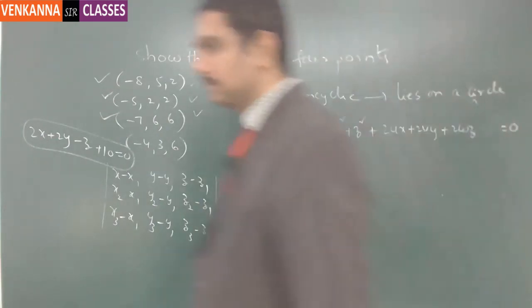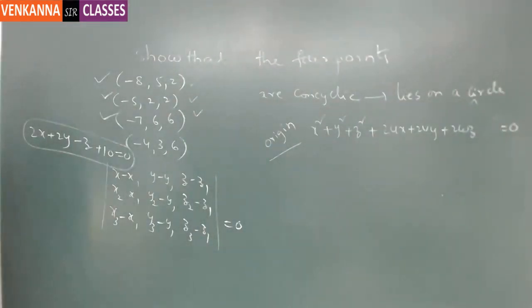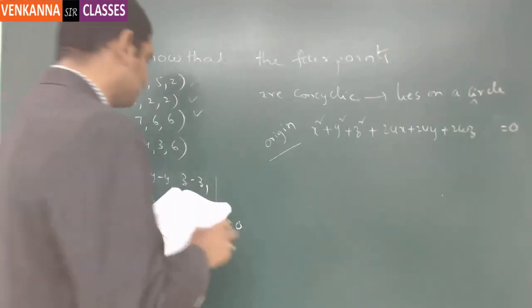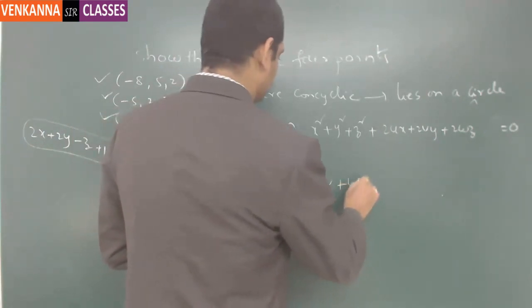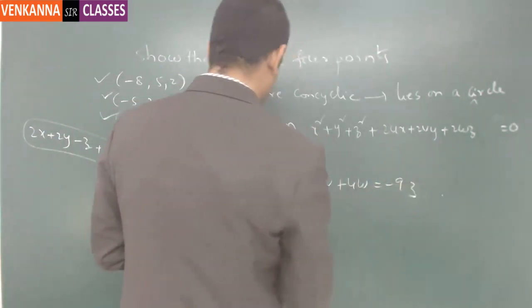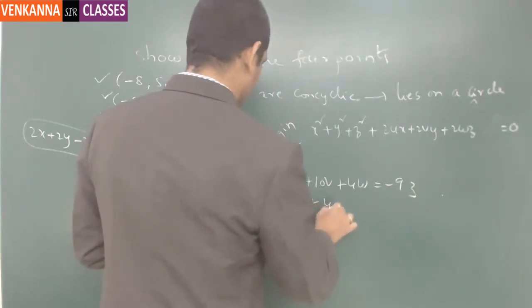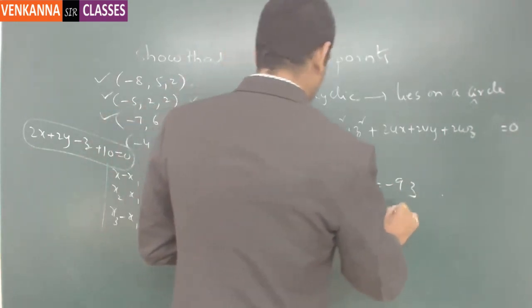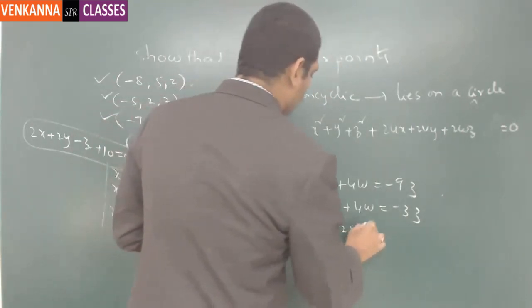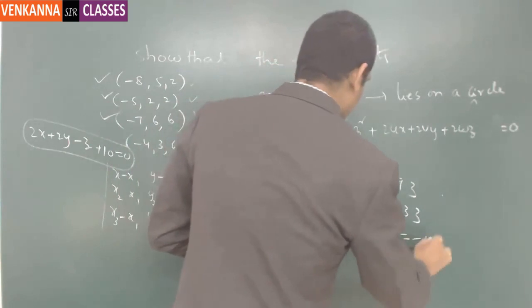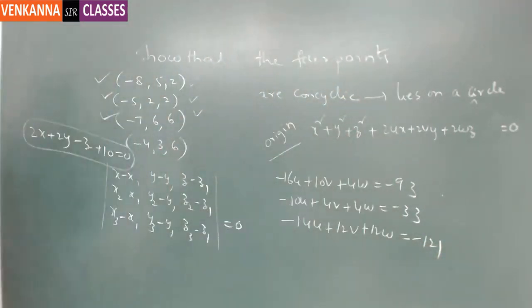That we can avoid. So if you substitute the 3 points in the sphere equation, then you will get the respective equations. These are somewhat little big equations.